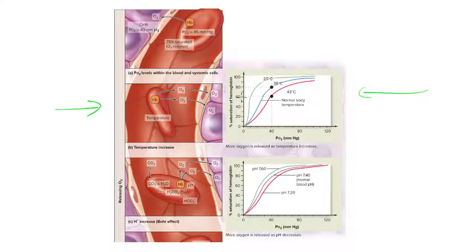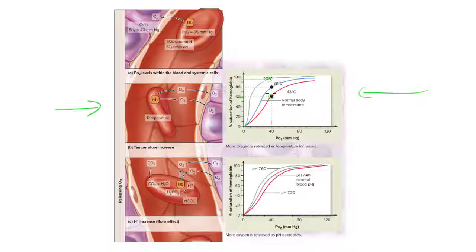If you maintain the partial pressure of oxygen at 40, but you decrease the temperature, you can see that the saturation is much higher, okay? Closer to 95-98%. Though if you increase the body temperature, same partial pressure, the saturation at this point is around 60.